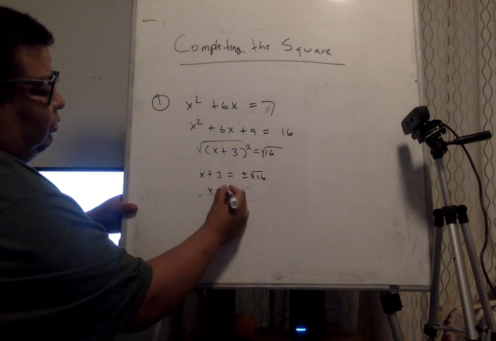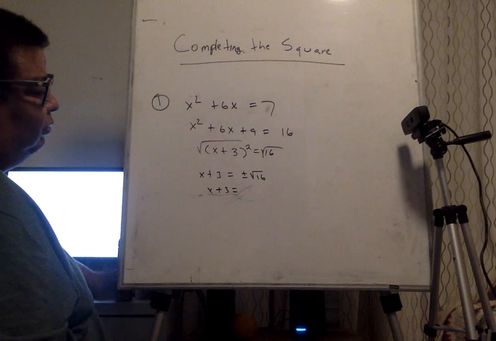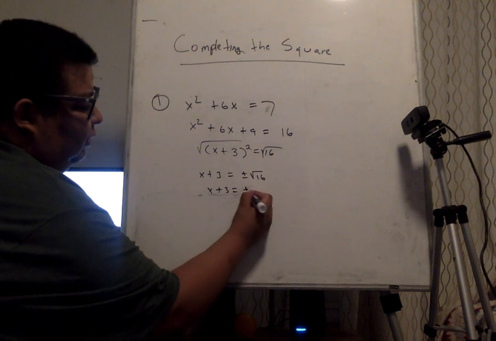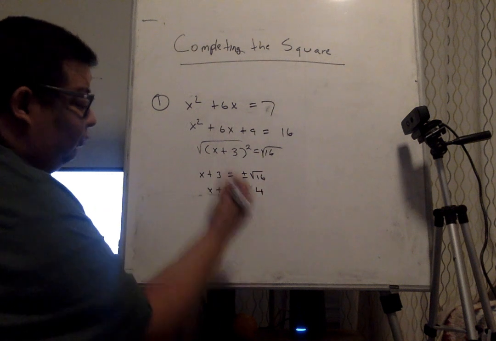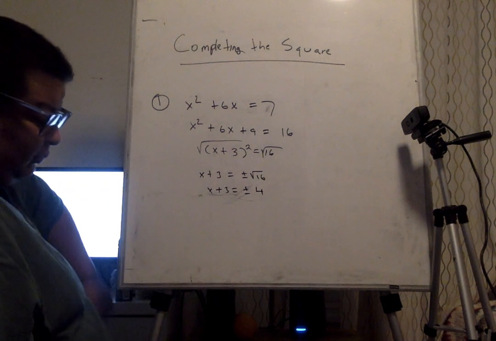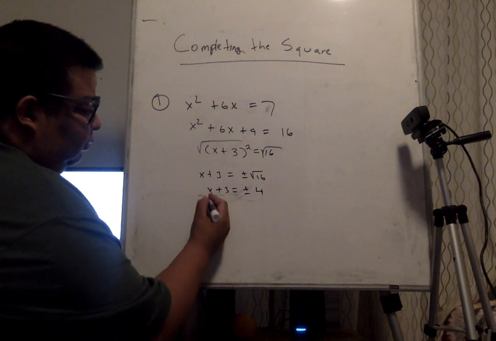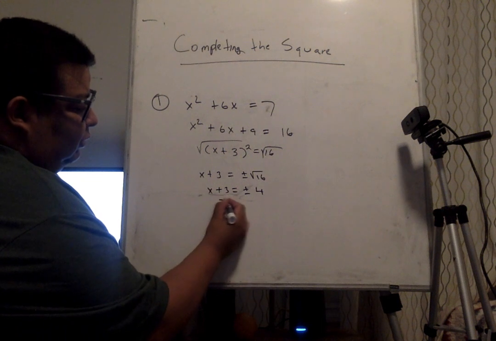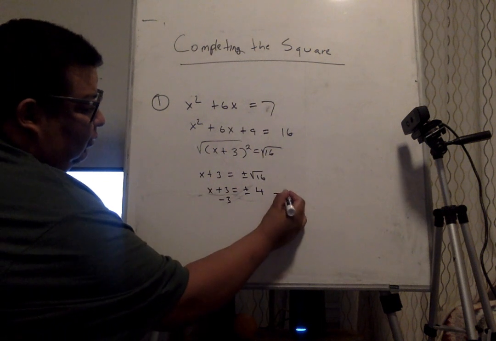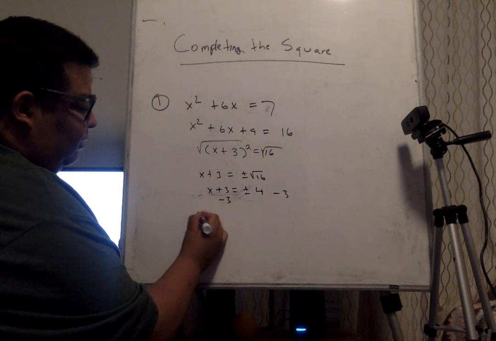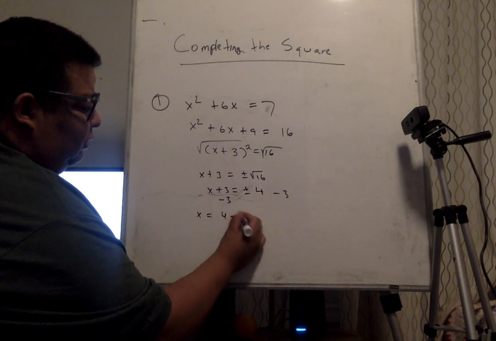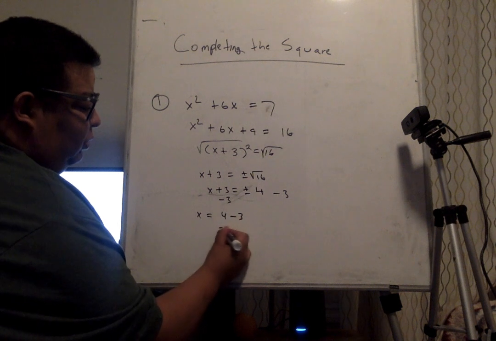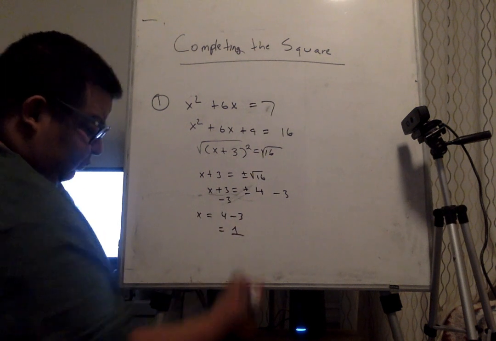So it'll be x plus 3 equals plus or minus 4. Square root of 16 is 4. Now we move the 3 to the other side. So we have x equals 4 minus 3, which is 1.